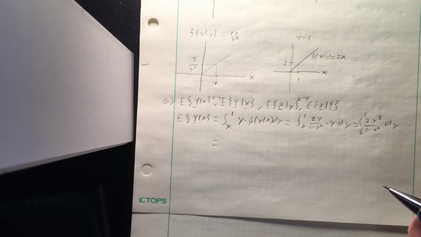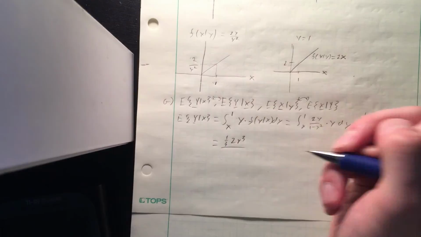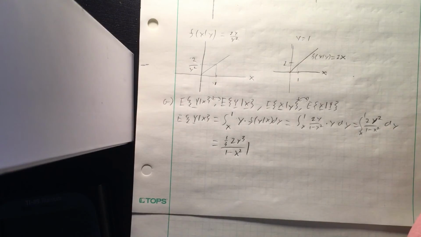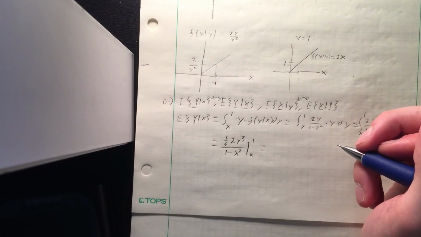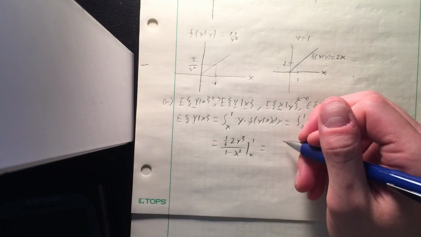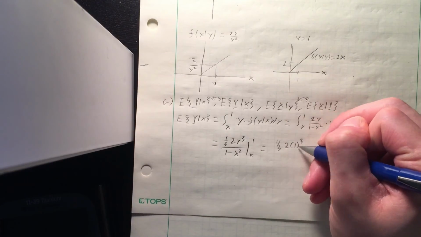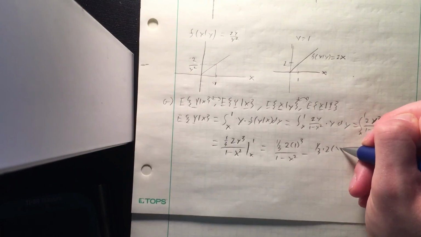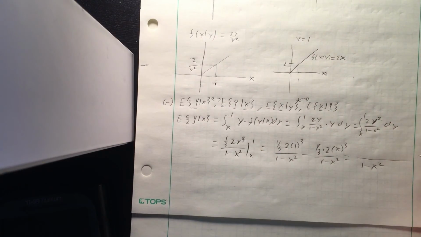So that is 2y cubed over 3, multiplied by 1 over 1 minus x squared, evaluated from x to 1, which will be equal to 1/3 times 2 times 1 cubed over 1 minus x squared minus 1/3 times 2 x cubed over 1 minus x squared. So just keep that 1 minus x squared there, it's a little easier to deal with.